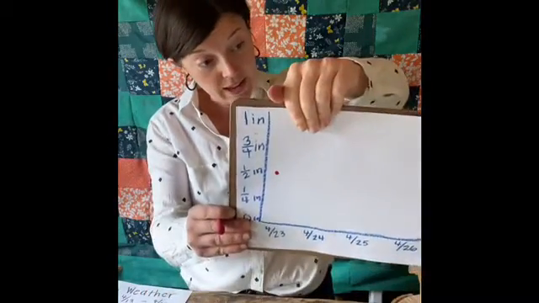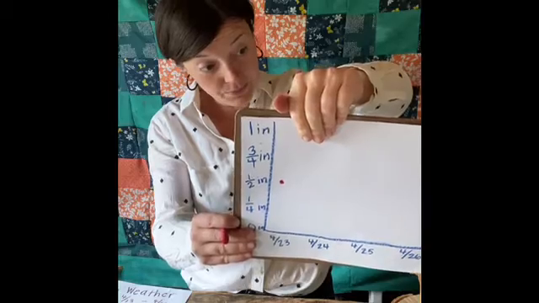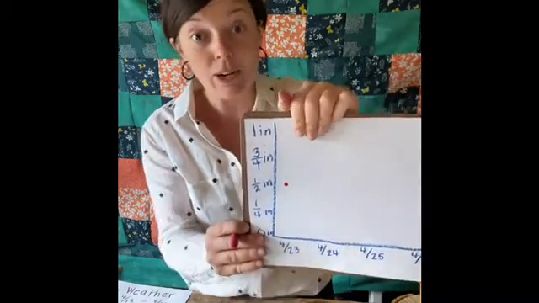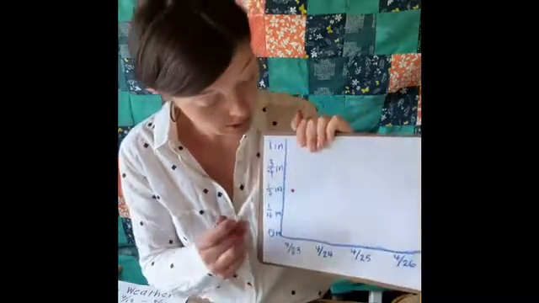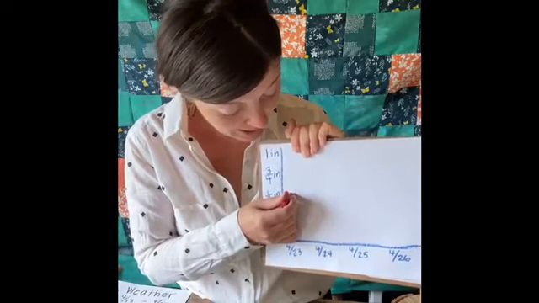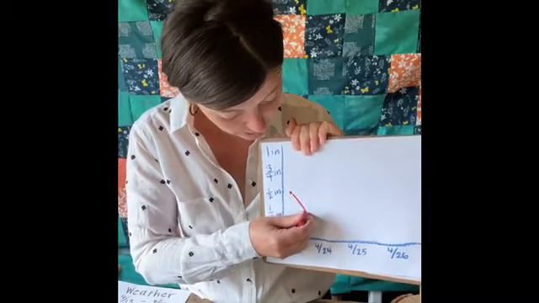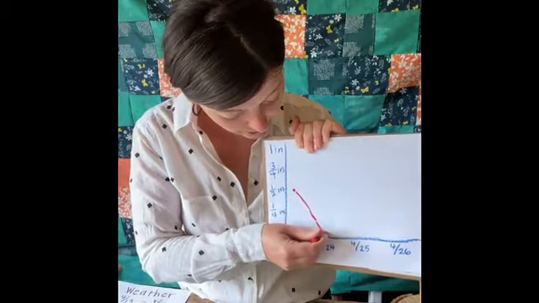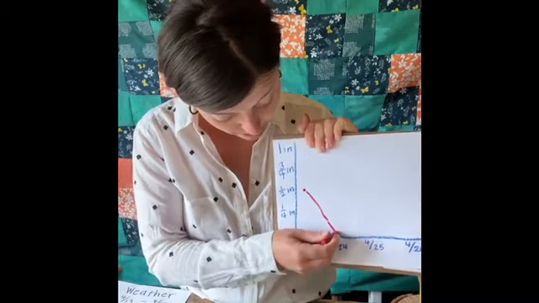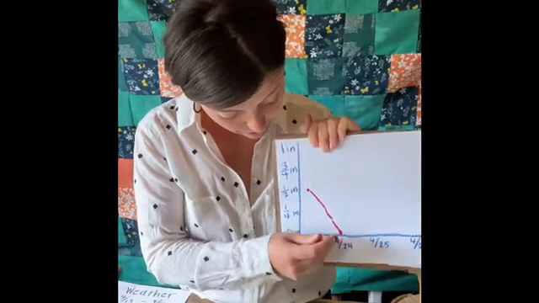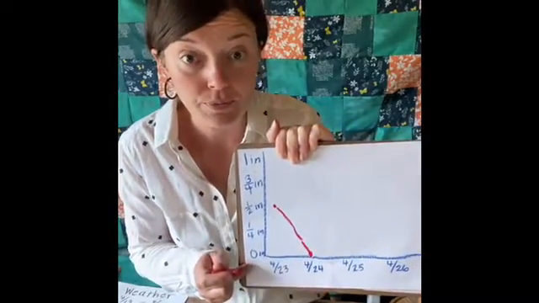Looking to the next day, Friday, we see that there was no rainfall. So my line is going to go all the way down until it's in line with 0.